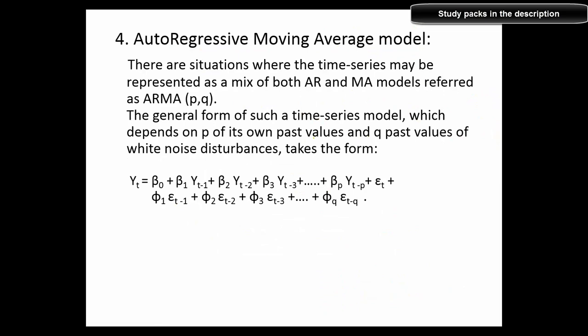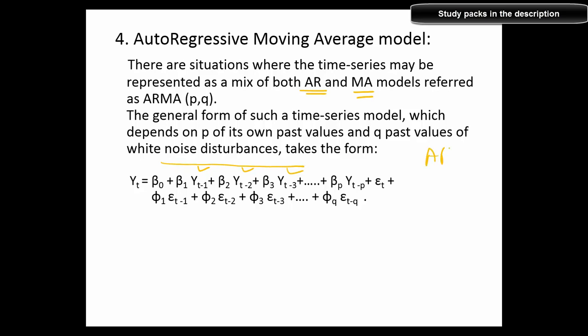The next type of models are known as the ARMA models. They have both AR as well as MA representation. That means you use the past values and also the error terms. So in the representation, you will see yt minus 1, yt minus 2, yt minus 3, the past values pretty much like your AR terms.